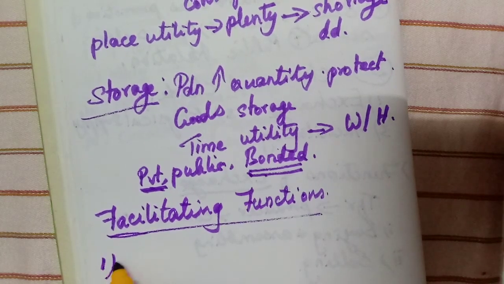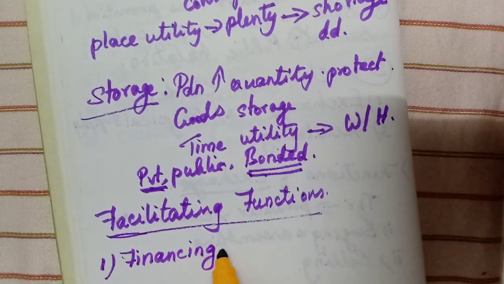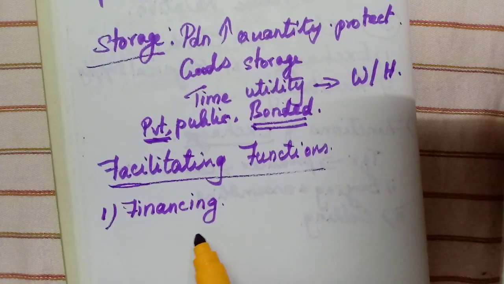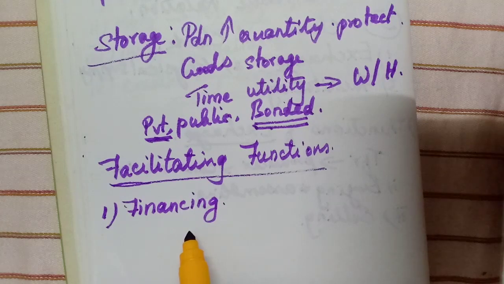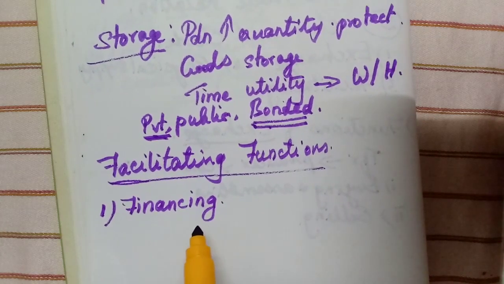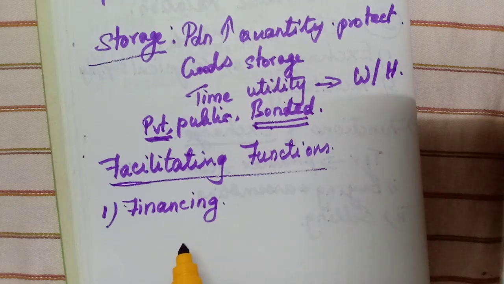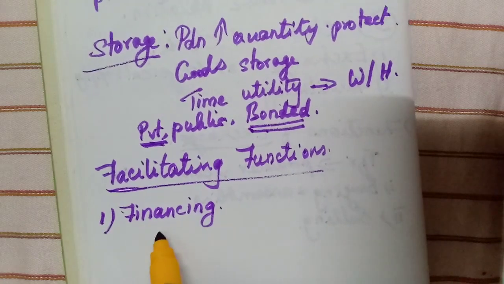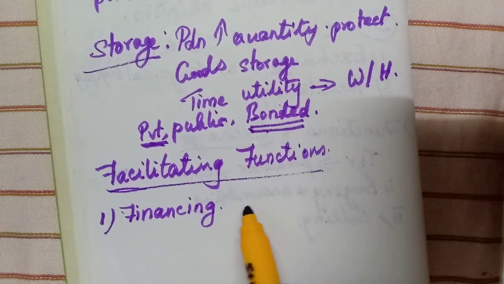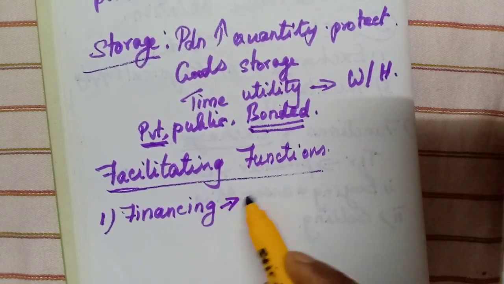What are the facilitating functions? First one, financing. Without finance we can't do anything, isn't it? Money is very important for any type of function in marketing, even for producing, then doing marketing, whatever it is, we need finance. So this finance can be got from financial institutions.